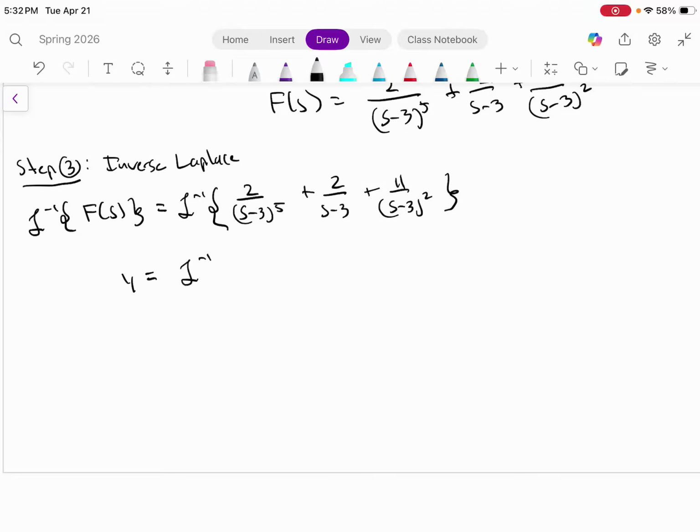So inverse Laplace, I'm going to take the constants out. So this would be 2 times inverse Laplace of 1 over s minus 3 to the fifth, just to make it easier if we need to manipulate or recognize anything.